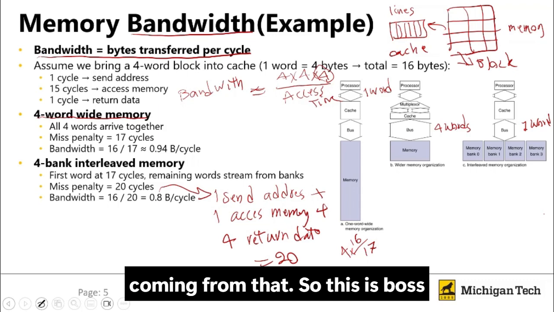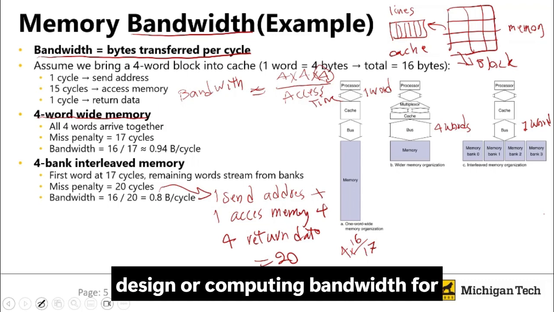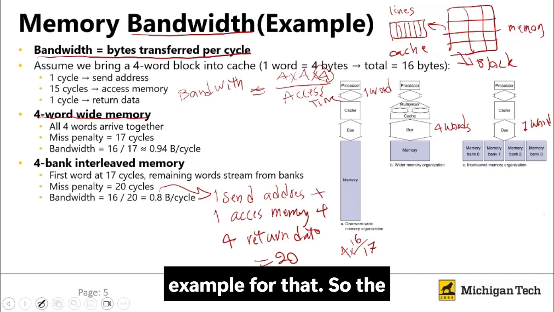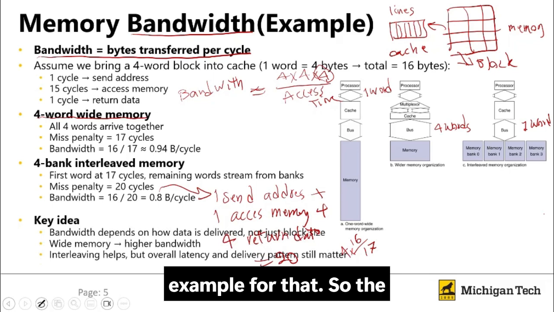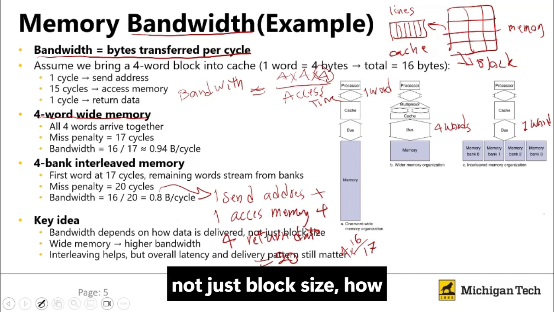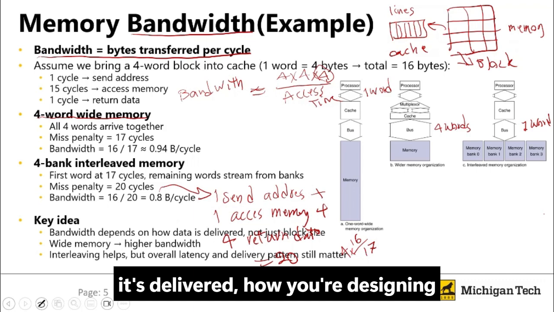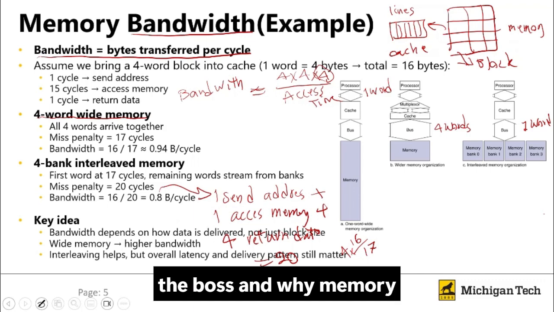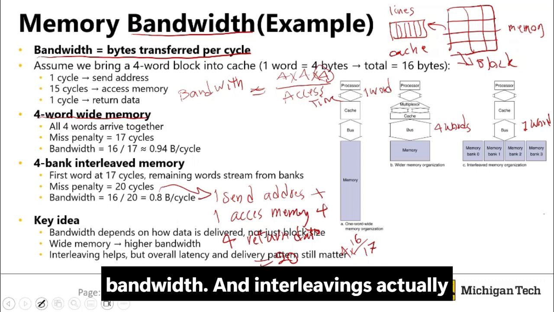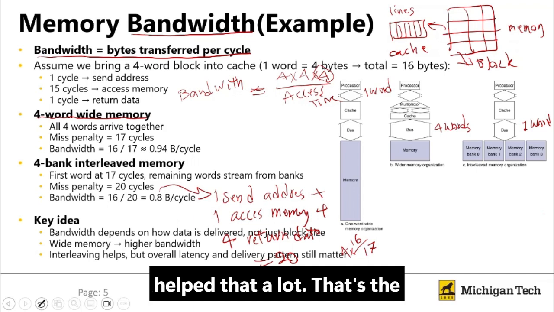So this is bus design, or computing bandwidth for a computer. This is actually a good example for that. The key idea is that bandwidth depends on how data is delivered, not just block size, but how you're designing the bus. Wider memory shows higher bandwidth, and interleaving actually helps a lot.